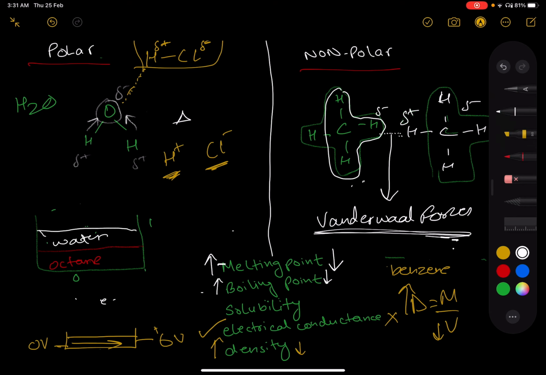Well, these two can't mix because like dissolves like, and water is polar, whereas octane is non-polar. So these can't mix. But because water is denser, it will displace octane, and octane will rise to the top. So water will be at the bottom, whereas octane will be at the top.